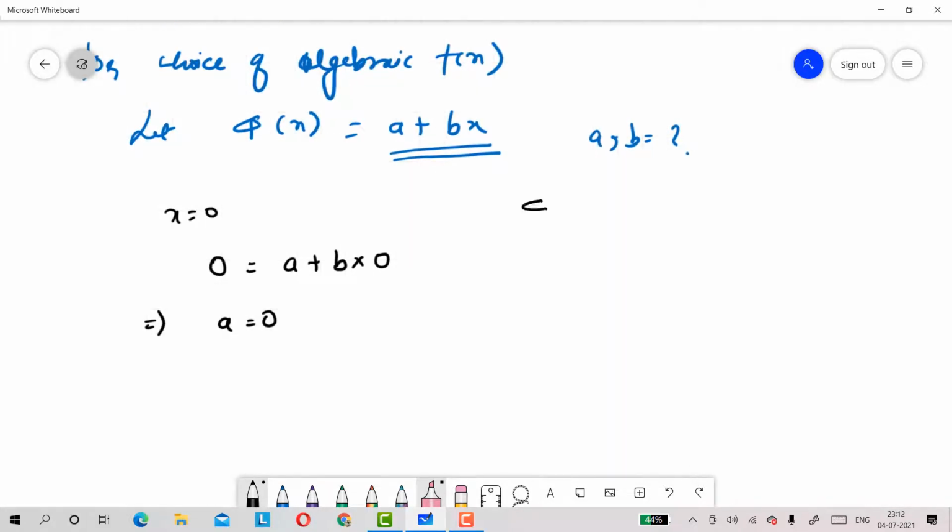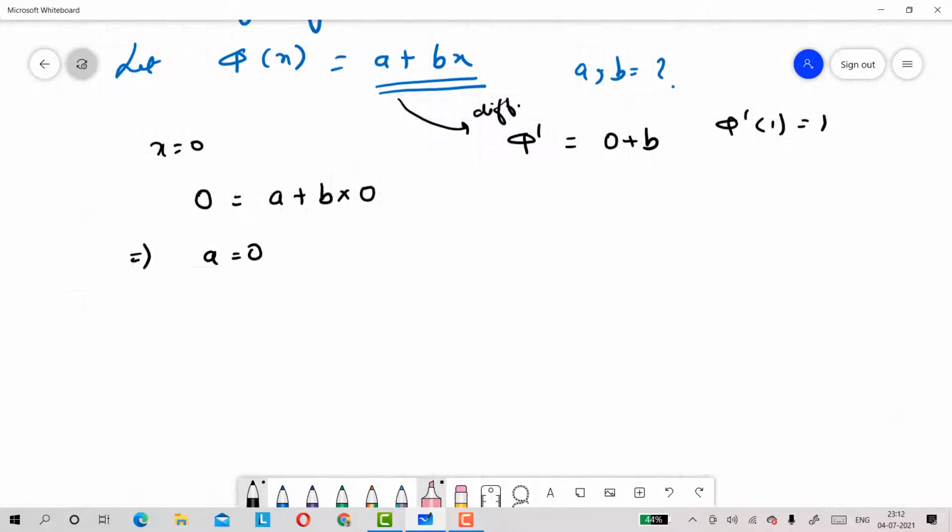Okay, and the second boundary term is phi dash (1) equals to 1. So phi dash will be a plus b, with a equals to 0, so it is b. What we did is just the differentiation here. And at x equals to 1, phi dash equals to 1, so b equals to 1.